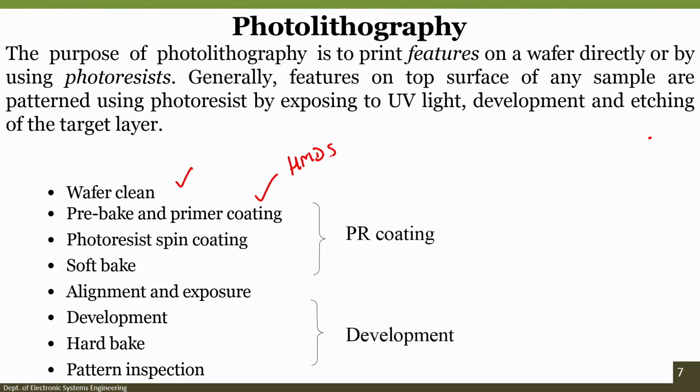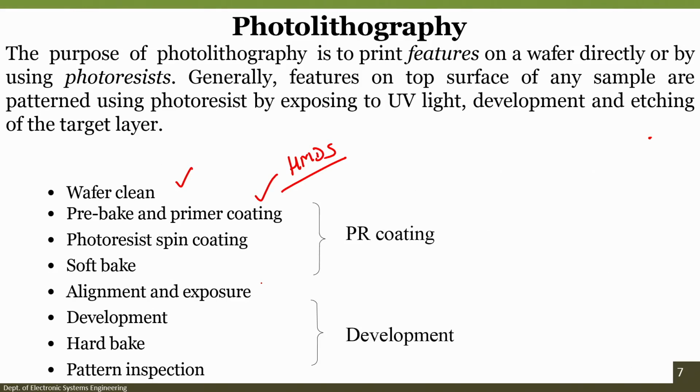This is a primer that will help to improve the adhesion of the photoresist onto the wafer. Then we have photoresist spin coating, either positive or negative, followed by soft bake at 95 degree centigrade, 1 minute, hot plate. Then alignment and exposure, that means loading the mask, and then the next step would be UV exposure. So, alignment is loading the mask, exposure is UV exposure, followed by developer.